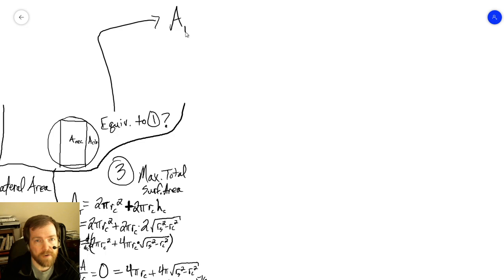So the area of the rectangle is going to be, in this case, if we're looking at this, we can move it potentially across this way or up this way. The relationship between the height and the width of the rectangle ends up being the same as the relationship between x and y on a circle.